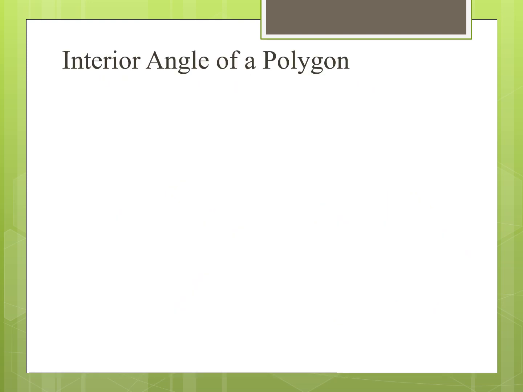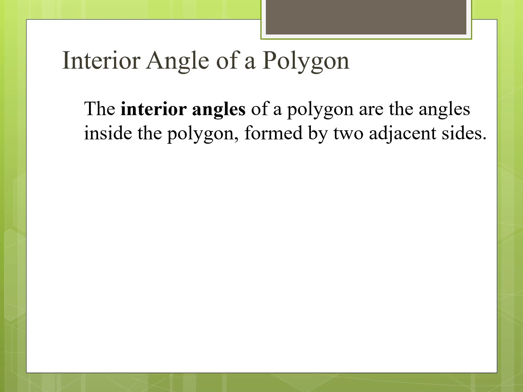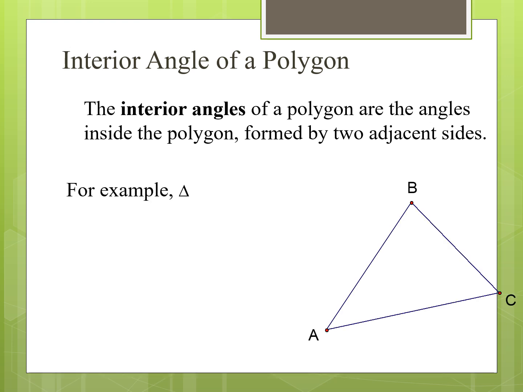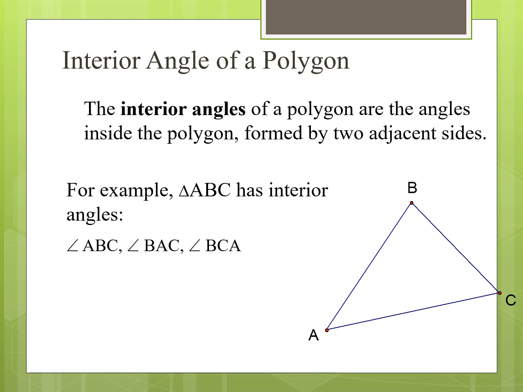Then we also have the interior angle of a polygon. Interior angles of the polygon are the angles inside the polygon formed by two adjacent sides. For example, we have here a triangle ABC that has interior angles: angle ABC, angle BAC, and angle BCA.